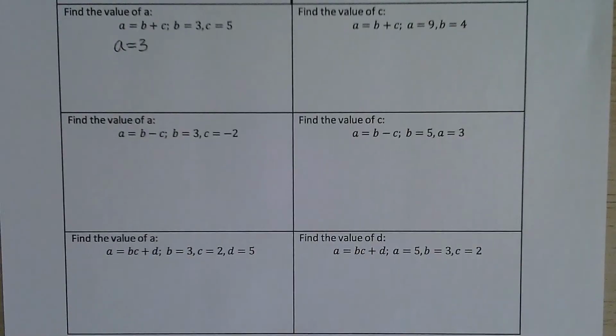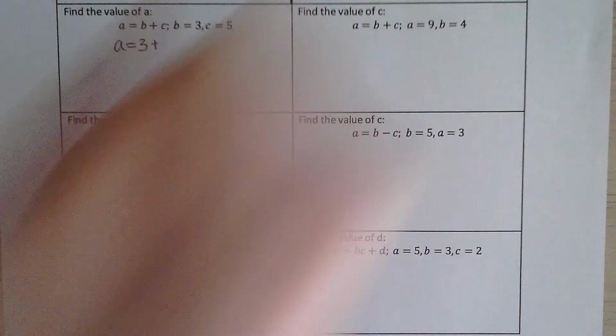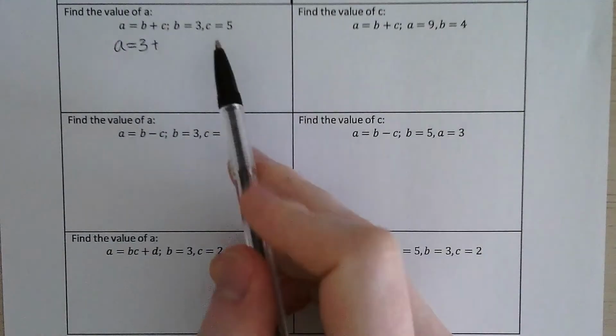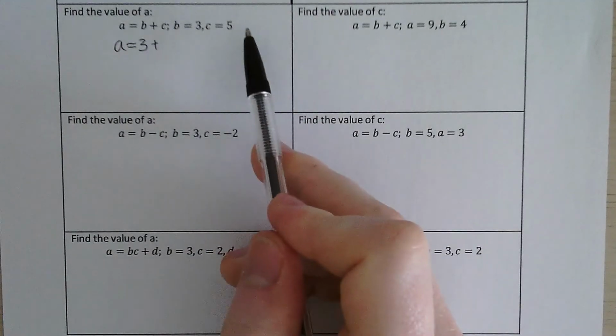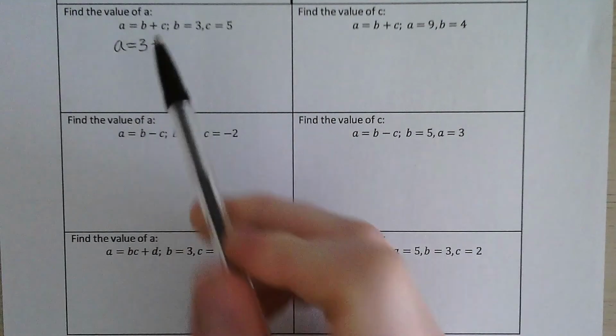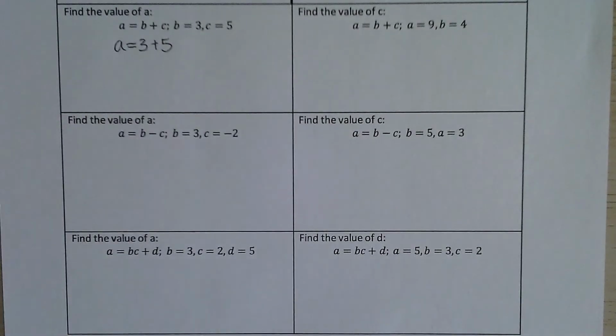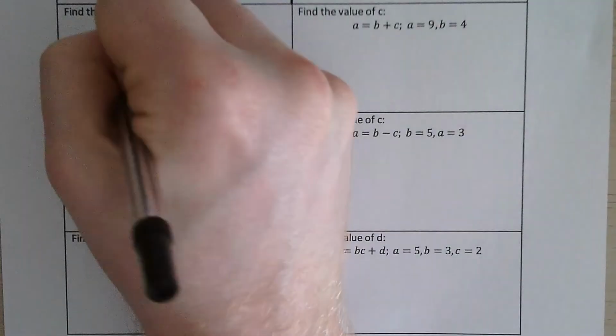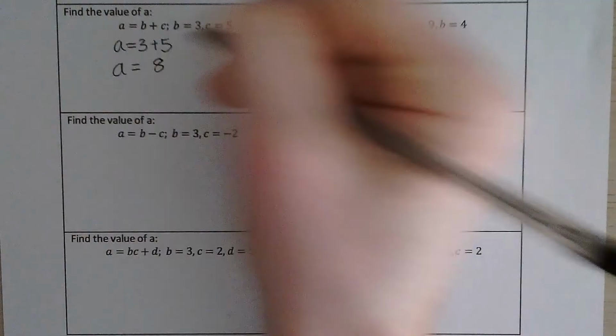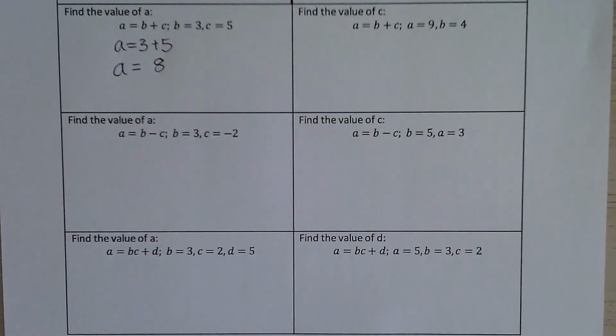The add symbol will drop down, and then because I know the value of c, I've been told it's 5, I'm going to substitute c with the number 5. This gives me a equals 3 add 5. Well, 3 add 5 is 8. So a equals 8, and that's the answer for this question.